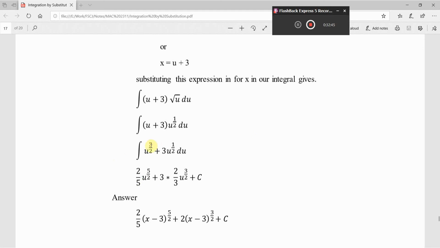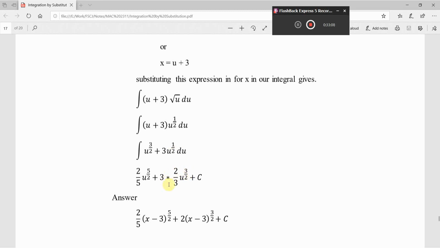Taking the antiderivative, adding 1 to the exponent, dividing by the new exponent. So 3/2 plus 1 gives me 5/2, and dividing by 5/2 is the same thing as multiplying by 2/5. So 2/5 u to the 5/2 plus 3 times, well, add 1 to the exponent, that gives me 3/2.